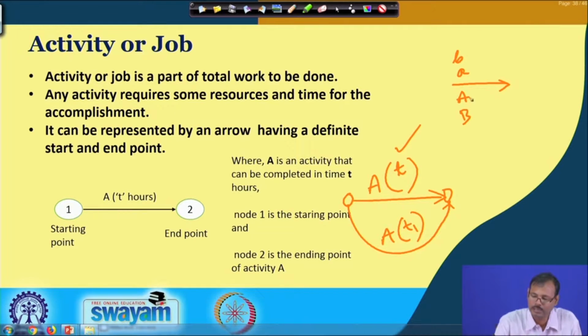In the bracket you mention the important thing which you wish to analyze, in this case it is time. If you would like to analyze it based on money, you may give the money at this point, because that is the variable which you would like to analyze. So, the variable is expressed in the bracket when you are expressing an activity.